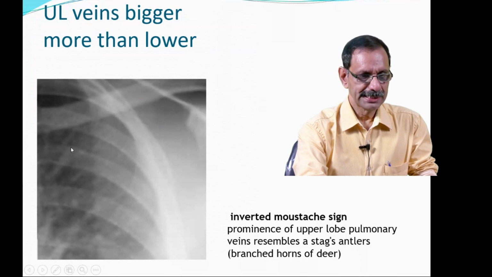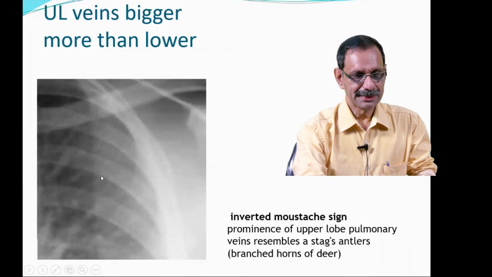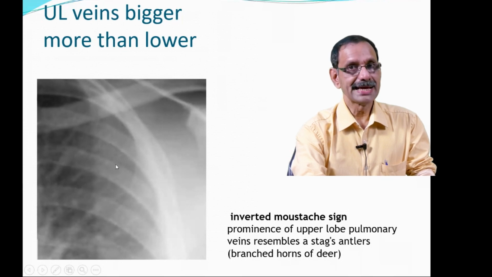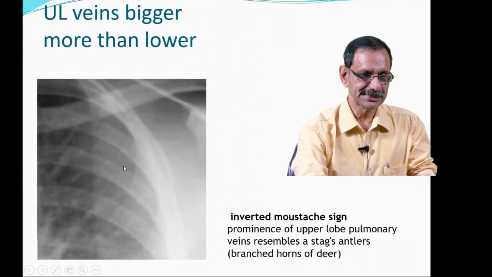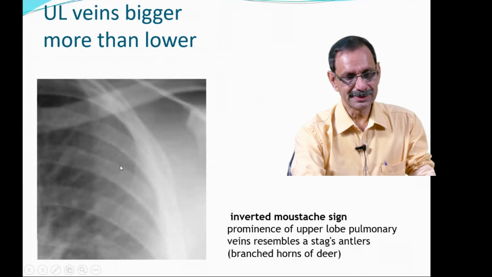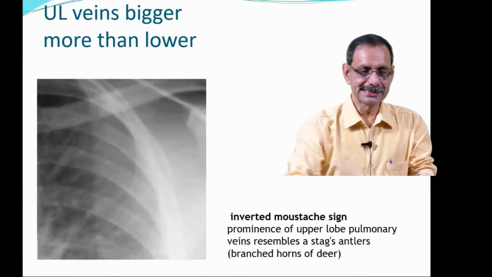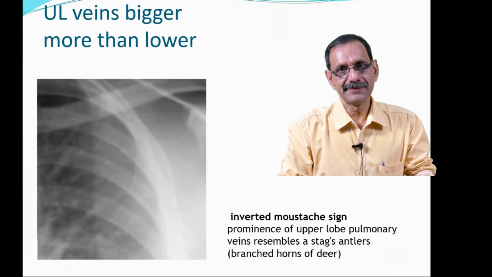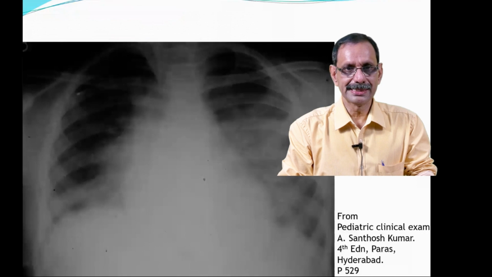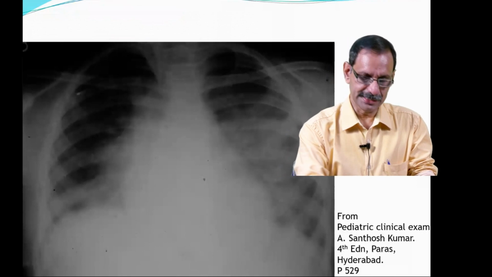For example, inverted mustache sign of mitral stenosis, and more commonly the stag's antlers, that is horns of deer, like branching horns of a deer. So those are all the descriptions given for the prominent upper lobe veins that is typically seen in pulmonary venous hypertension, clinically most obvious in mitral stenosis.